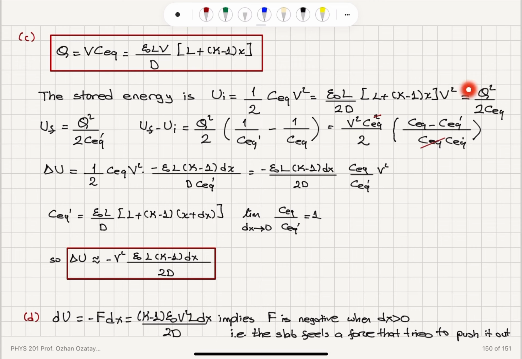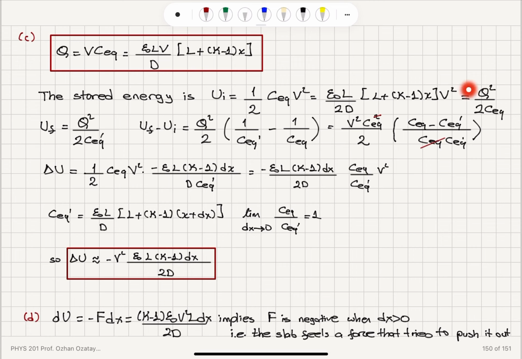And because when we insert this slab, the force exerted on the slab by the charges on the plates should equal the work done, it should act in such a way that the change in stored energy equals the work done against this force to move the slab a distance dx. So dU is equal to minus F dx.